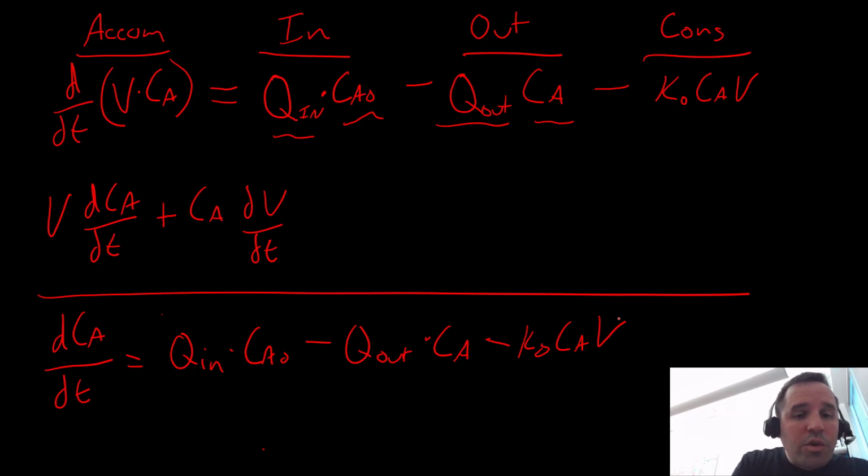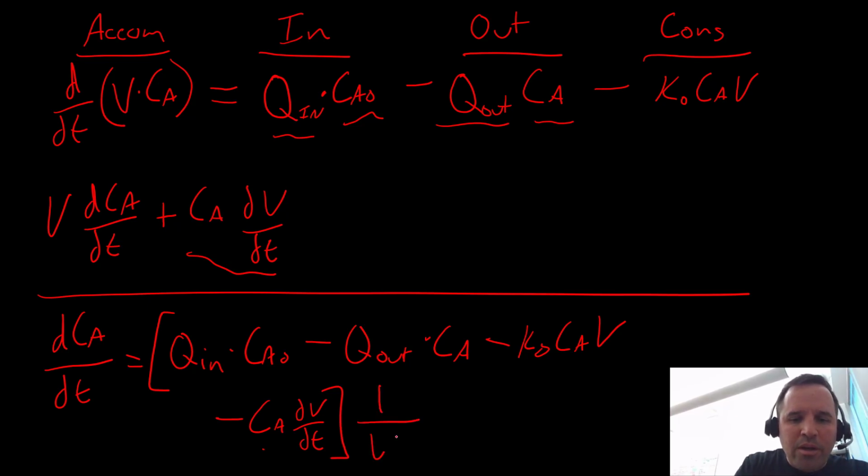Then we would need to subtract this CA dV dt term, and then we need to divide that whole left-hand side by V, or rather multiply it by 1 over V. So here we have solved explicitly for dCA dt.